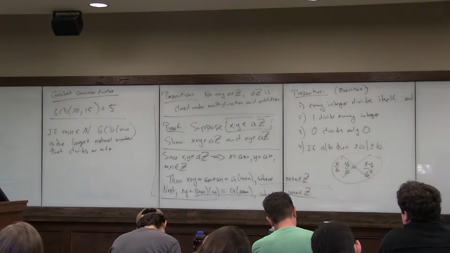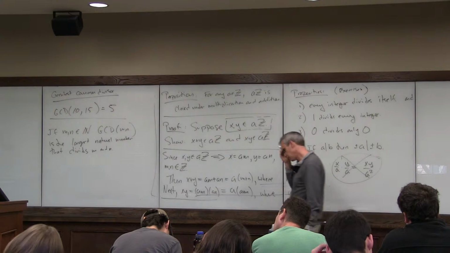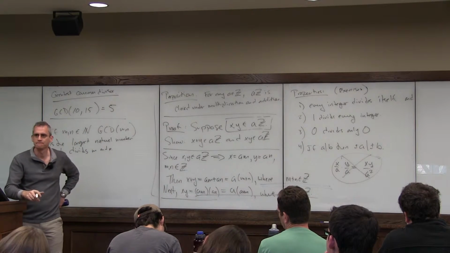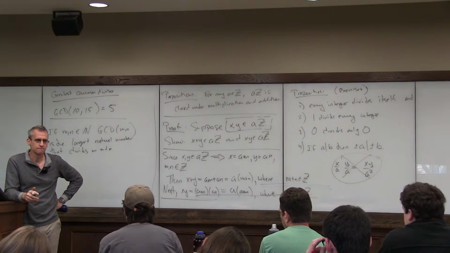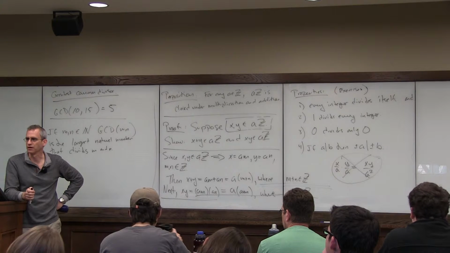Well, the first question you have to ask is, how do you know there is such a thing? Well, there is always a divisor, but how do you know there's a greatest common divisor?